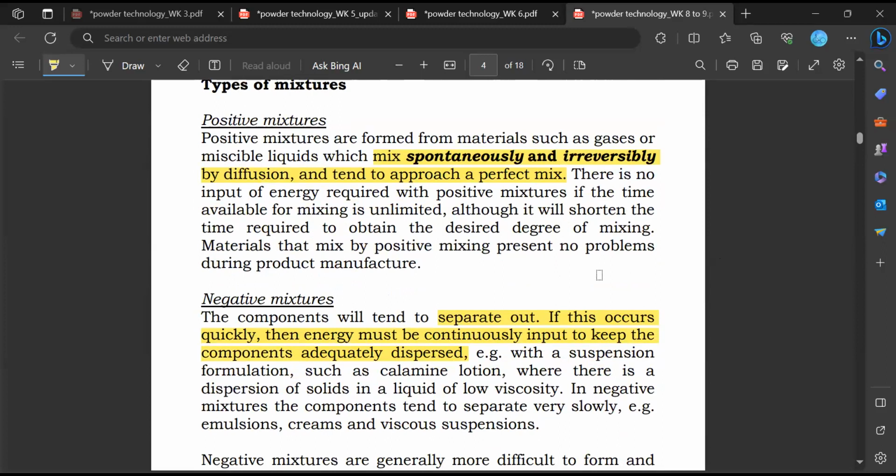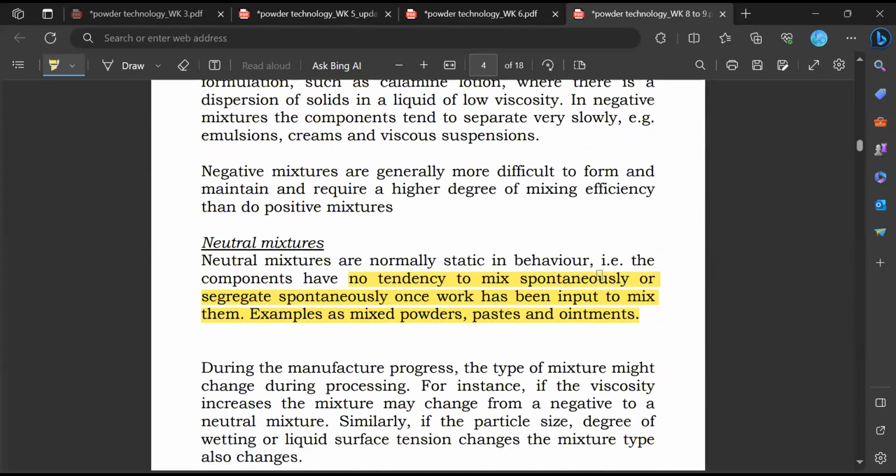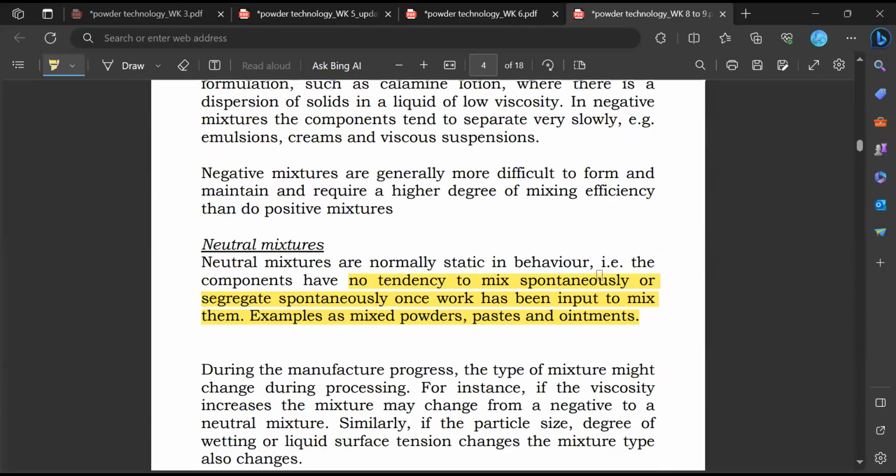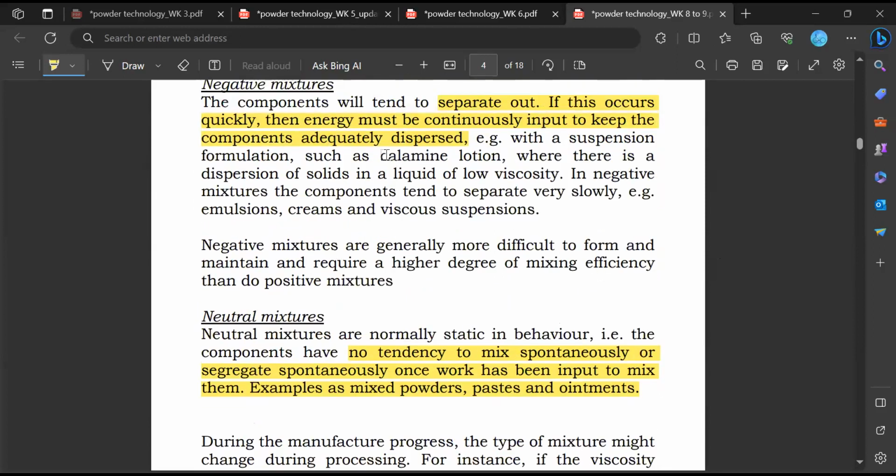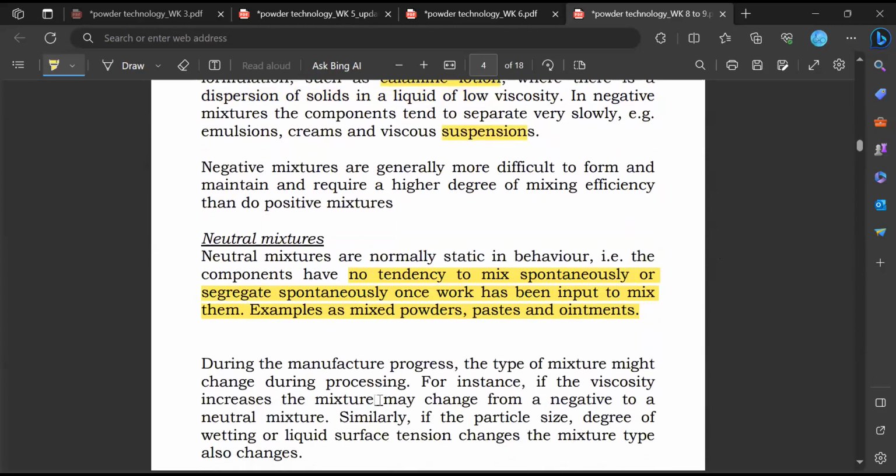Negative mixtures tend to separate out. Neutral mixtures, at the start, don't want to mix, but once they have mixed, they will not separate. For negative, an example is calamine lotion, or mostly suspensions. For neutral mixtures, examples are mixed powders, pastes, and ointments.